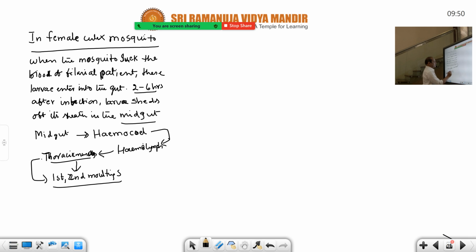So before the first molting, one thing happens that should be written here. In the midgut, where the sheath is lost, the first stage larva is developed in 2 days. First stage larva developed in 2 days.